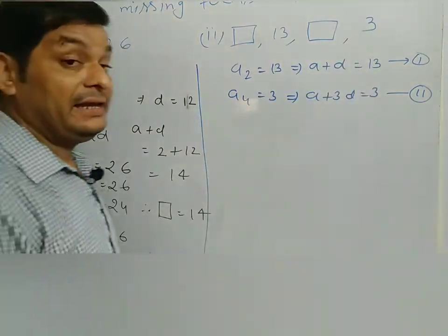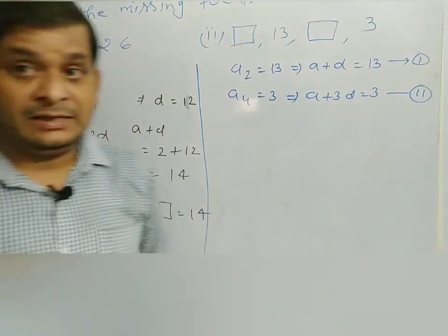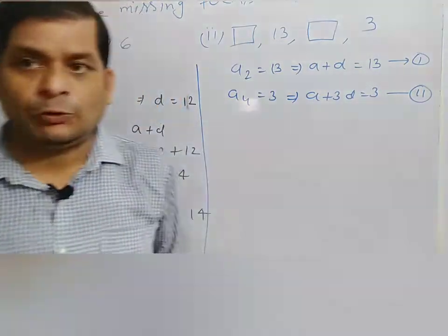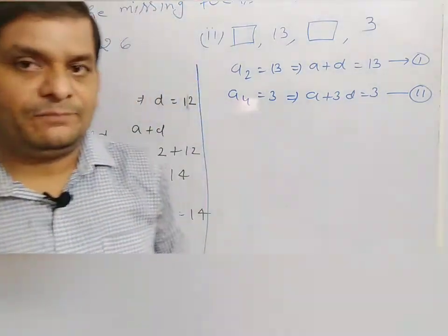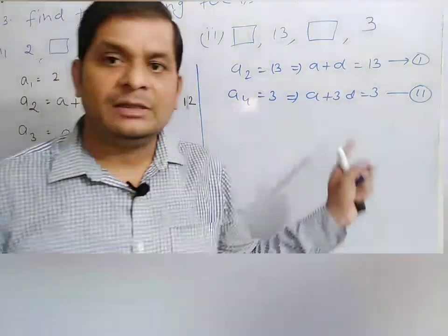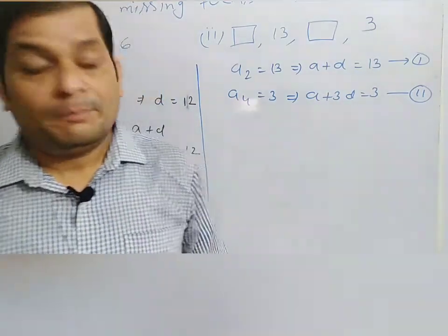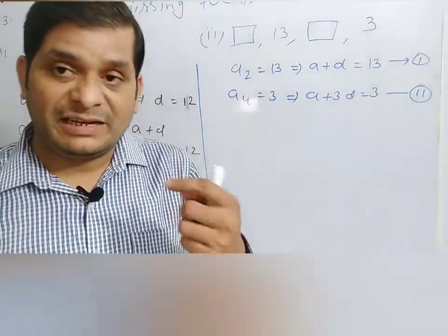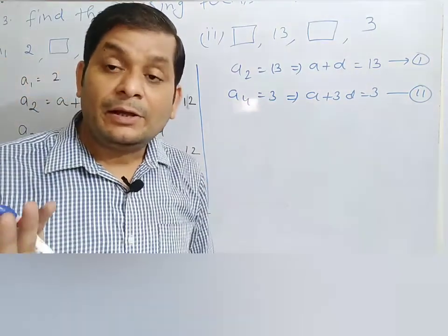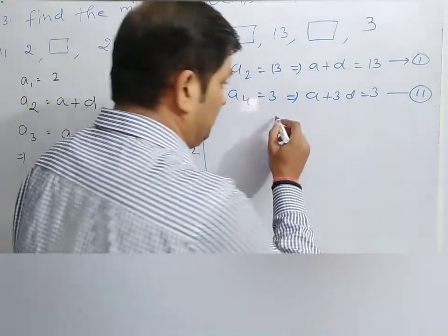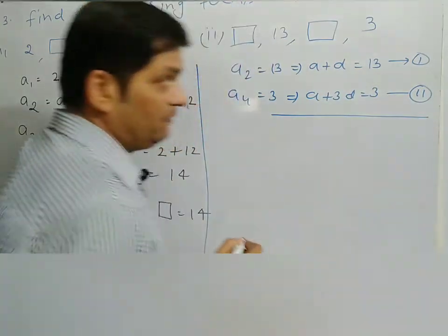Now we will solve these two equations. How? By elimination method. In the chapter linear equations in two variables, we have already discussed there are different methods for solving these equations, but we will apply the elimination method maximum times. For elimination we will eliminate a variable.